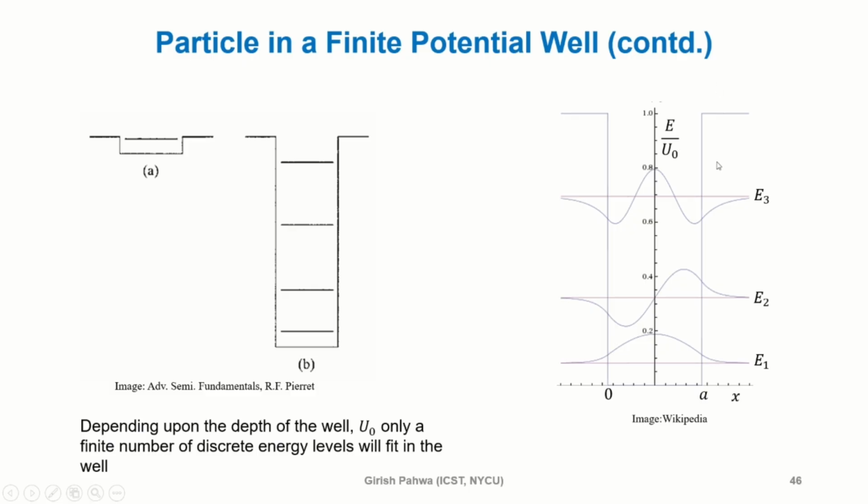As U0 increases, this decay becomes quicker, it's going to decay more and more quickly. And for an infinite potential case, the particle will not decay at all. I mean, it will be zero here, the wave function is already zero here. So these are the solutions of the finite potential well.